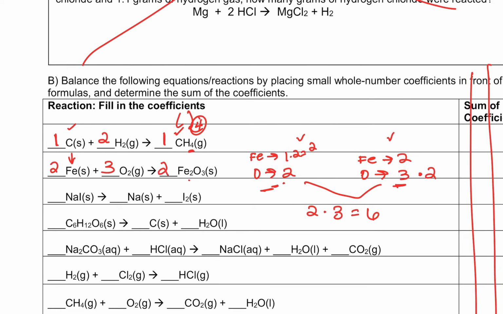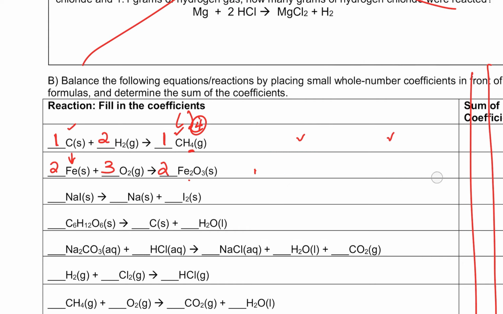Okay, so let me erase a little bit of this so I have some space. Okay, so on one side, I have 2 on this side, so 2 iron.